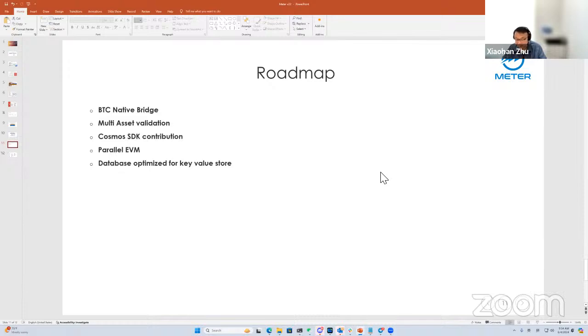For example, if you're using the native interface instead of the RPC interface, you can send multiple transactions in the same TX. But yeah, we're looking at ways to make the EVM more parallelized and have some performance improvement by leveraging multi-core systems on the validator machines.